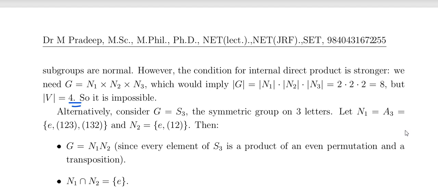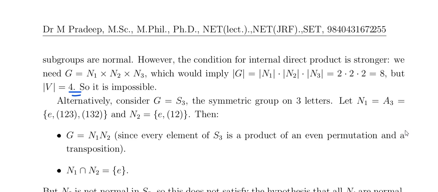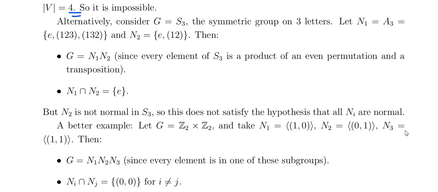So it is impossible. Therefore this example satisfies that condition, but it is not a direct product of the corresponding N1, N2, N3. Another alternative is G equal to S3, the symmetric group on 3 letters.